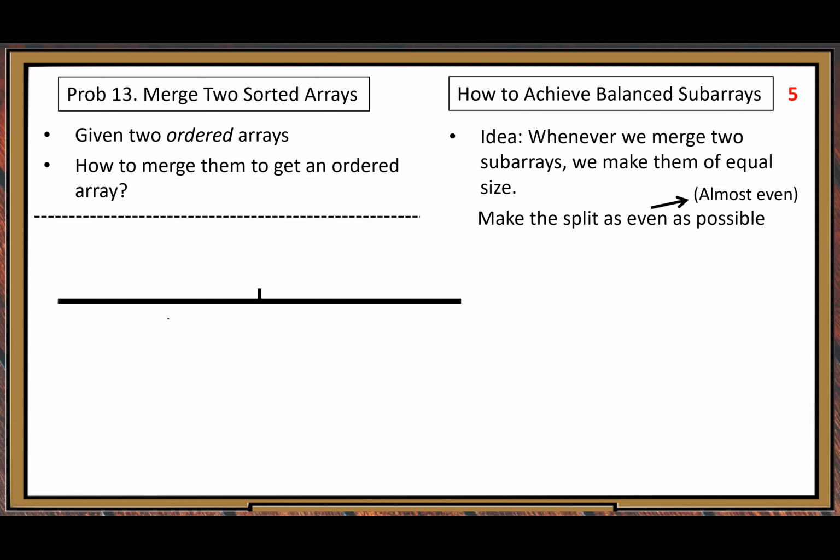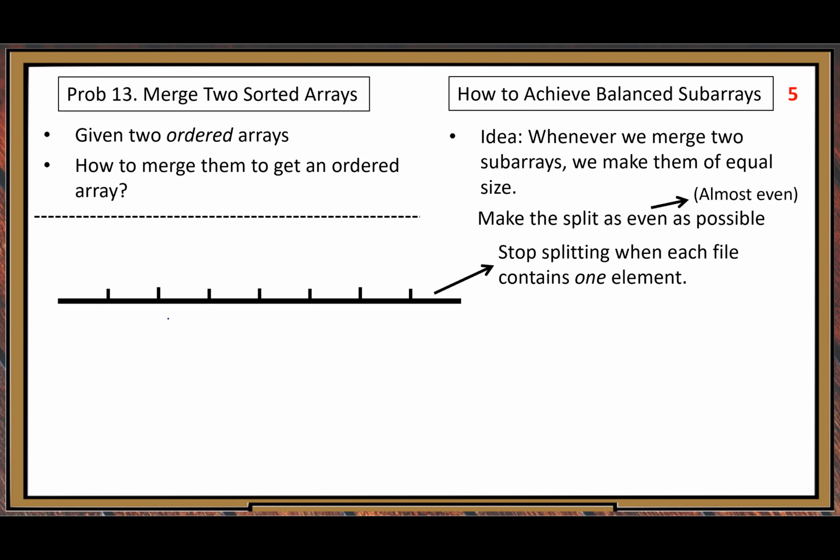So we use this approximate midpoint, and we have two subarrays. After that, the second round, split evenly in the middle of the two subarrays like this. Third round, another midpoint split, in this way and so on.